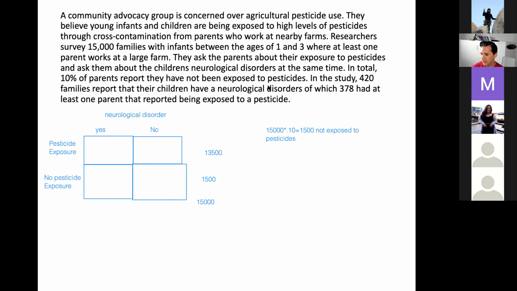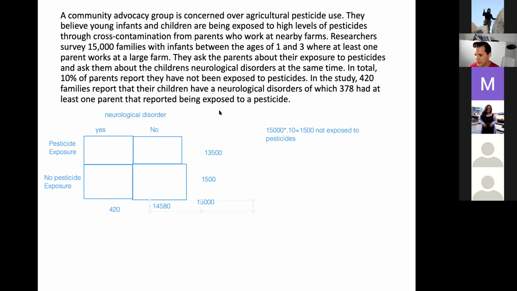And then my scenario says 420 families reported that their children had a neurological disorder. Where does that 420 go? A plus C. So then we would do 15,000 minus 420, which is going to be 14,580.